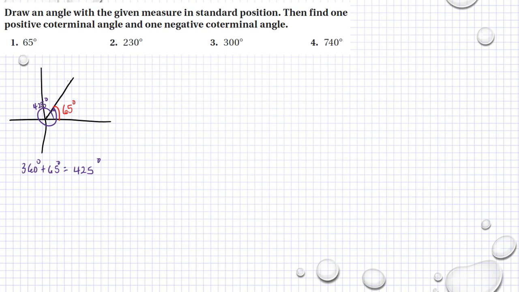And then if I'm going to do the negative, I will start here and then go up to the 65. Then we have 360 degrees minus 65. Then we have 295 degrees, not 205. 295.